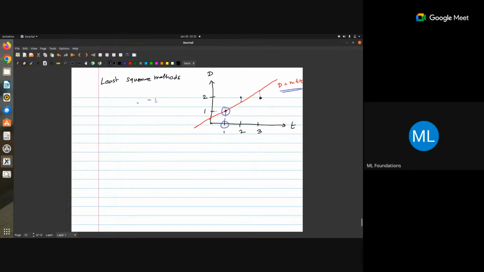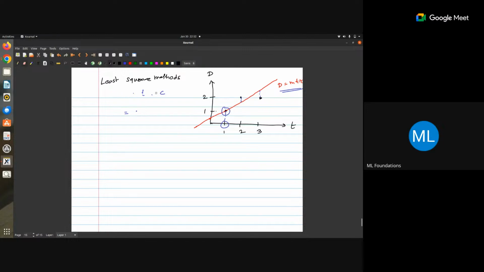What we are trying to do here is the equation of this line is D equal to Mx plus C. So that is MT plus C. Right? So for T equal to 1, what is the equation here? M plus C. Think again. M plus C is equal to 1.